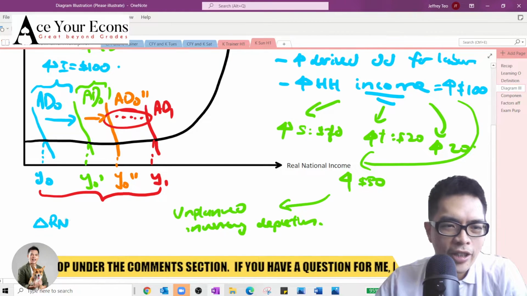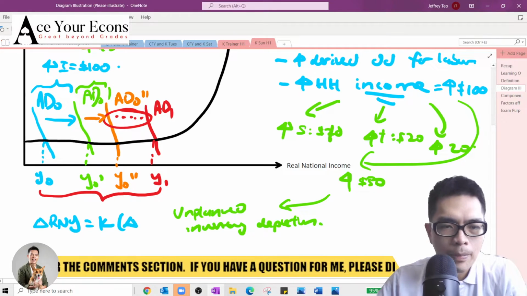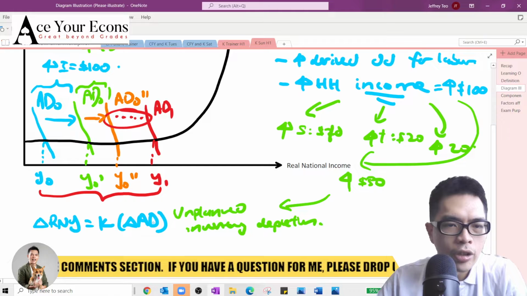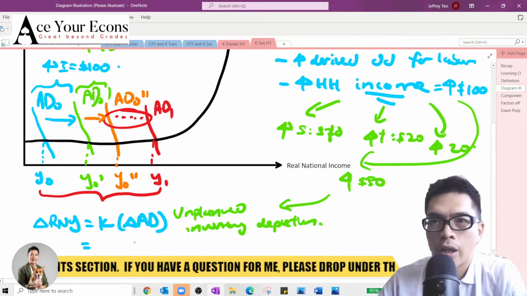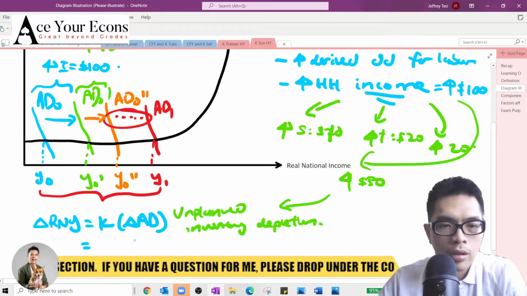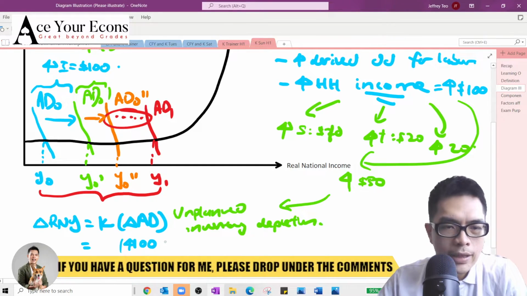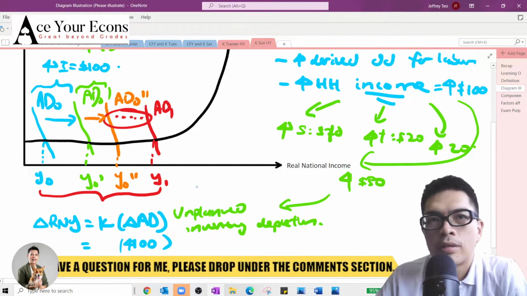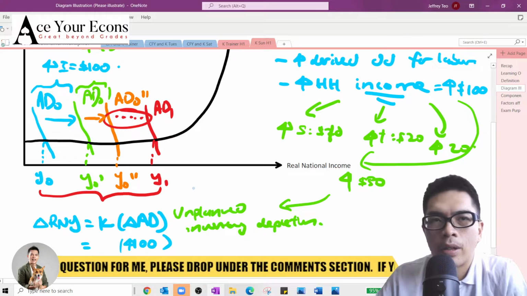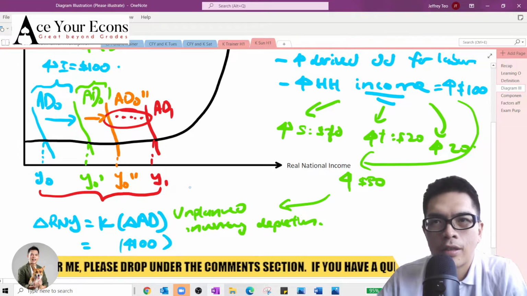Change in your real national income is equal to the size of your multiplier multiplied by the initial change in your AD. So do we have the initial change in your AD? It's $100, right? And what is the size of the multiplier? Can we calculate the size of K and give me the overall answer?